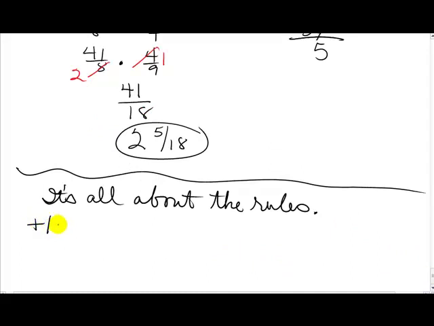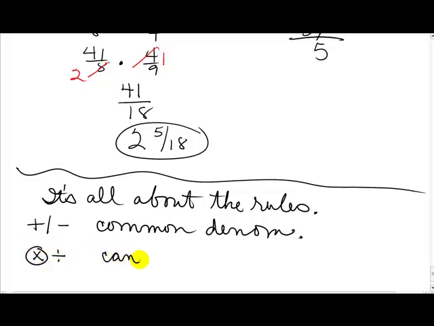So with adding and subtracting, you got to get that common denominator. But you don't do it with anything else. With multiplying or dividing, you can cross cancel. But not with adding and subtracting.